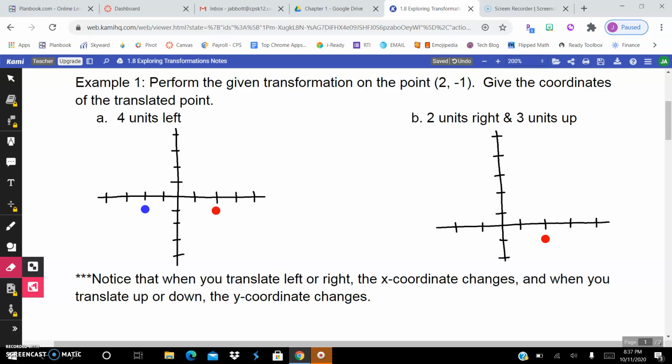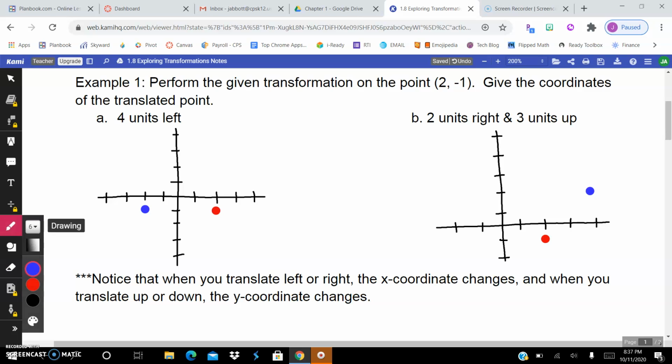And then for part B, we have to move it 2 units right and then 3 units up. So I'm going to start where the red dot is at (2, -1), and I'm going to go 2 units to the right, so 1, 2, and then I'm going to have to slide up 3. So 1, 2, 3. And that's the new point.